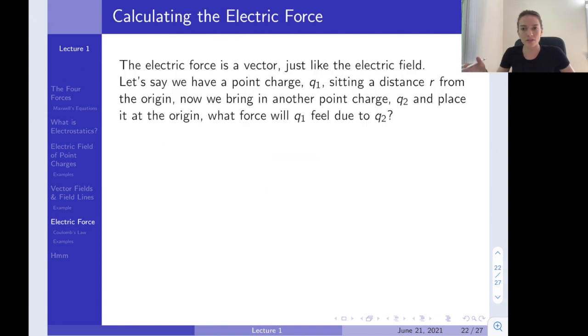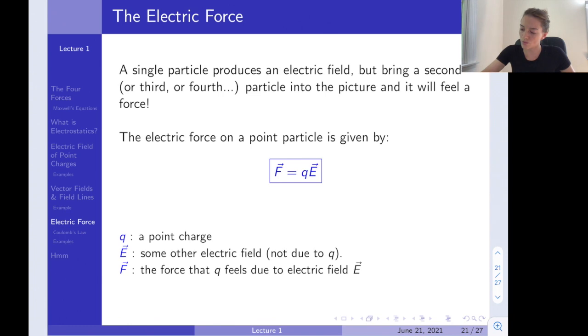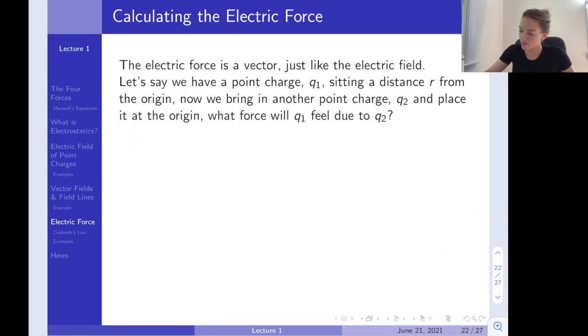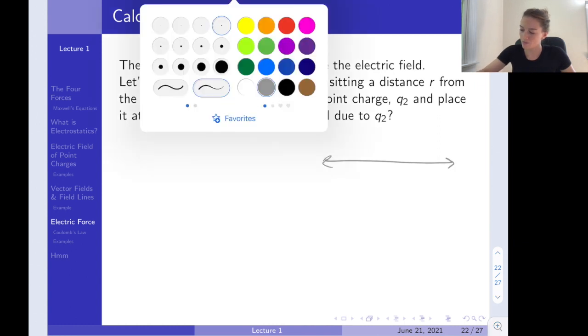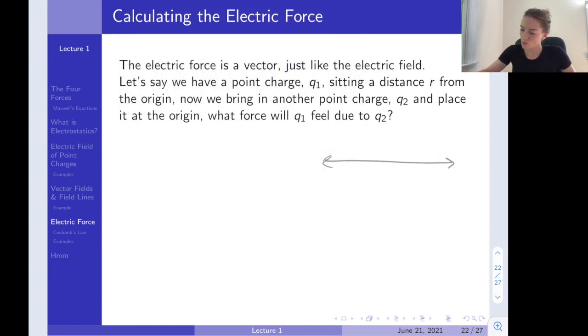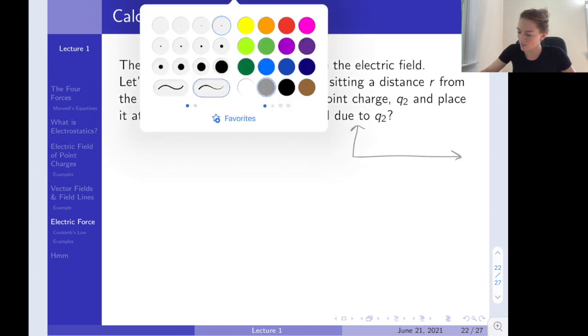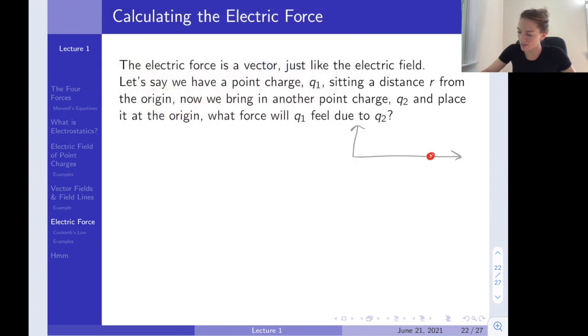Okay, so let's do an example just to see how this works. So we have a charge, so let's say we have some number line here. So we have some charge sitting a distance r from the origin. So let's say Q1 is over here, and this is a distance r from the origin.